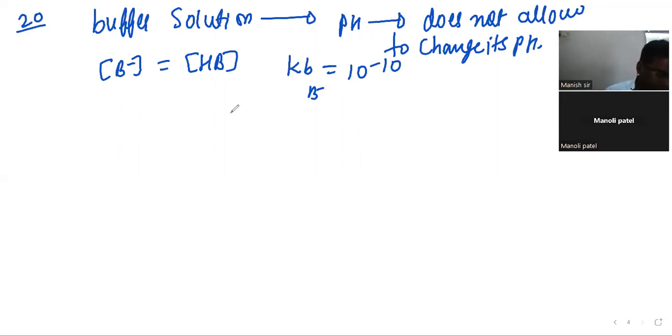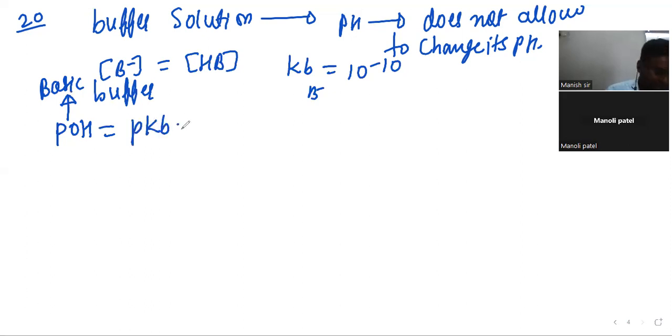So see the basic buffer solution formula. This formula is for a basic buffer. So pOH is equal to pKb plus log of concentration of salt by concentration of base, right?